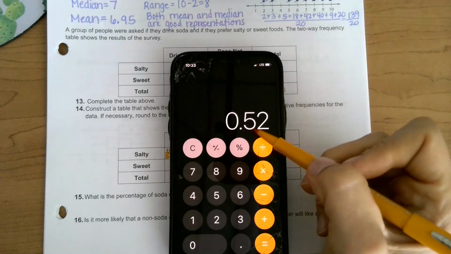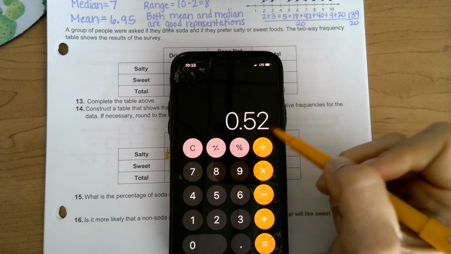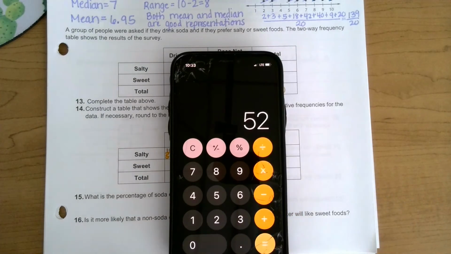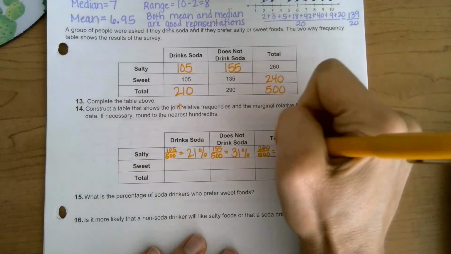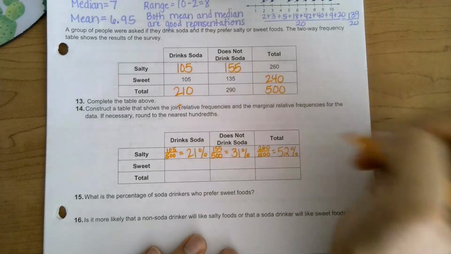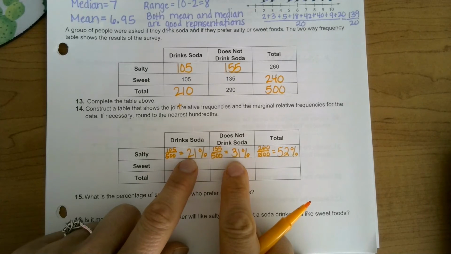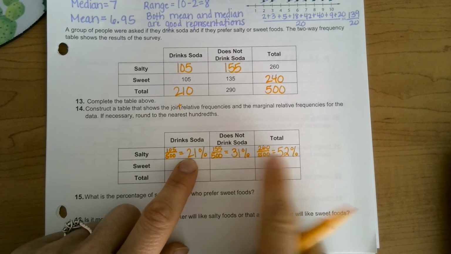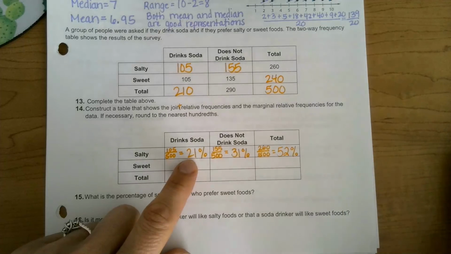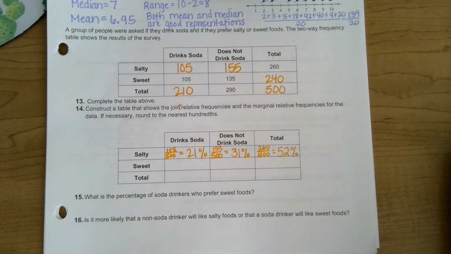Another way is I can just visually see that if I move that decimal 2 to the right, that's 52%. And then always double check your work. These numbers should add up together. 21 plus 31 is 52. So make sure you check those to make sure your math was correct, because sometimes we make mistakes and type it wrong in the calculator.